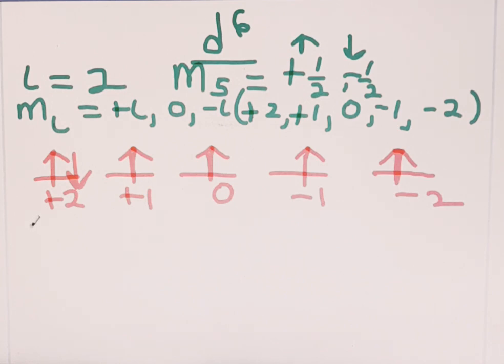The next is to determine the total orbital momentum quantum number, represented by capital M and L. In this case, if we take into account the first orbital, the magnetic quantum number is 2.